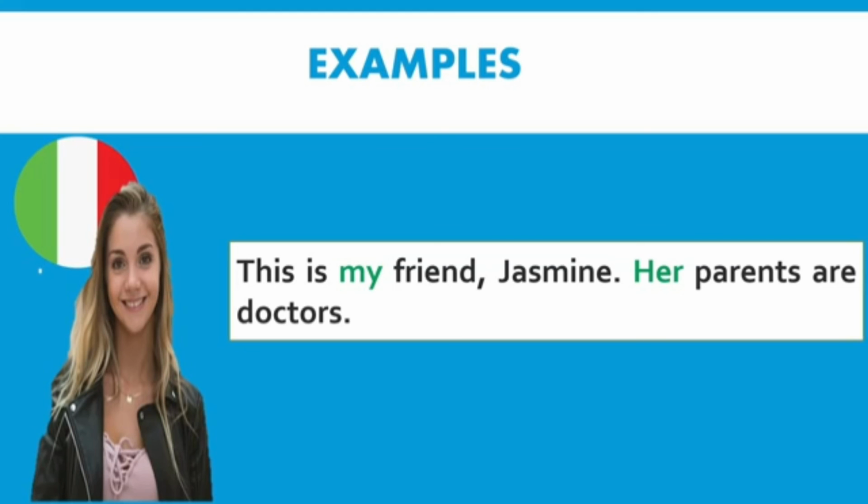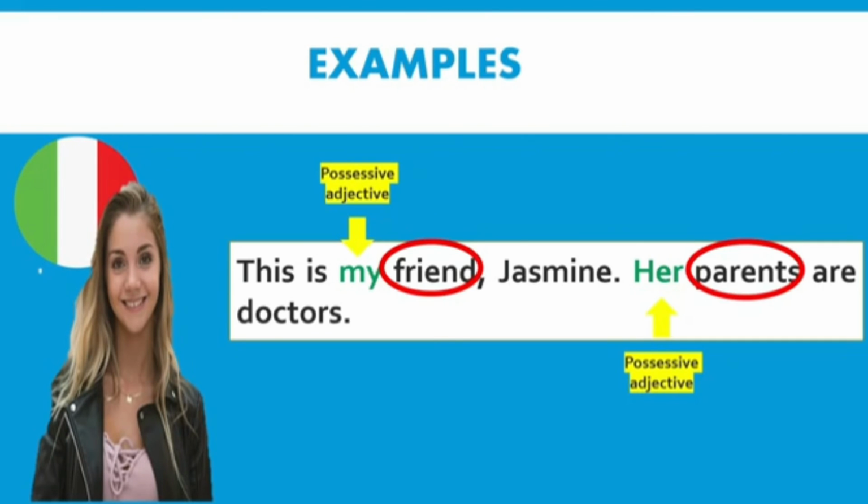We look at the green words. The first one is my. The second one is her. And these are possessive adjectives. And how do we know they are possessive adjectives? Because there is a noun after the possessive adjective. The condition is it must exist before the noun. So now the nouns here are friend and parents. You get what I mean?